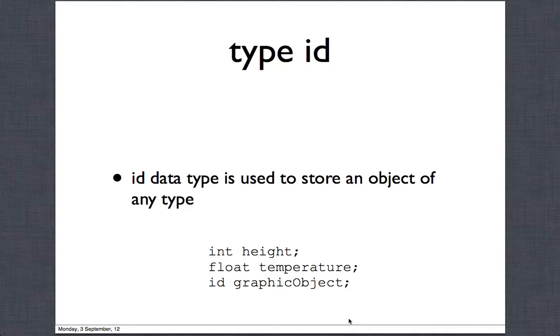There's one thing that is not present in C++, it's id. You can have a type id, and it's used to store an object of any type. So just like you can create an integer or a float, you can create an id variable. And you can assign any object to this variable.